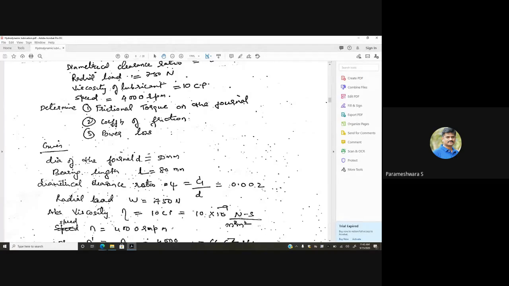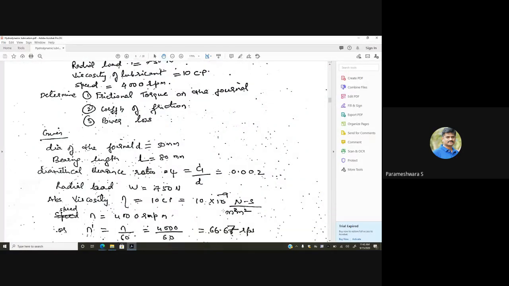So convert that to SI units. Just remember that if viscosity is given in centipoise, in order to convert it to SI unit, just multiply by 10 raised to minus 9.